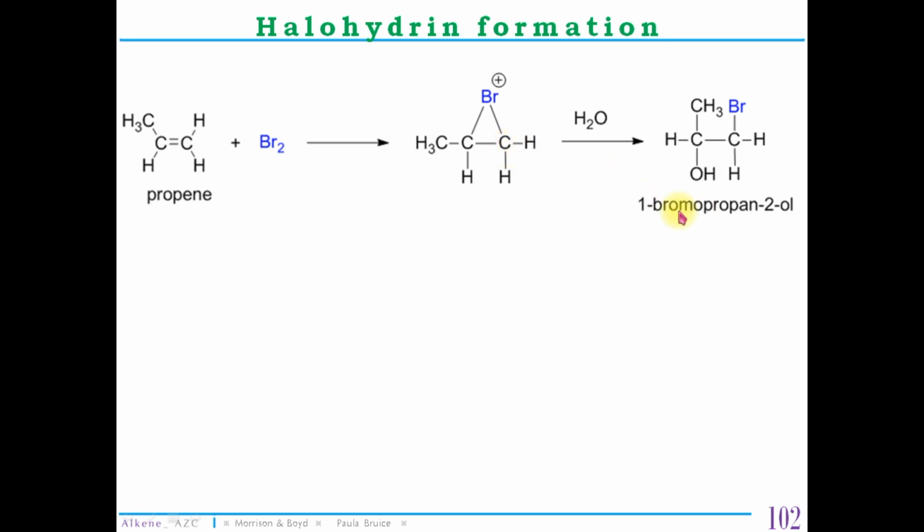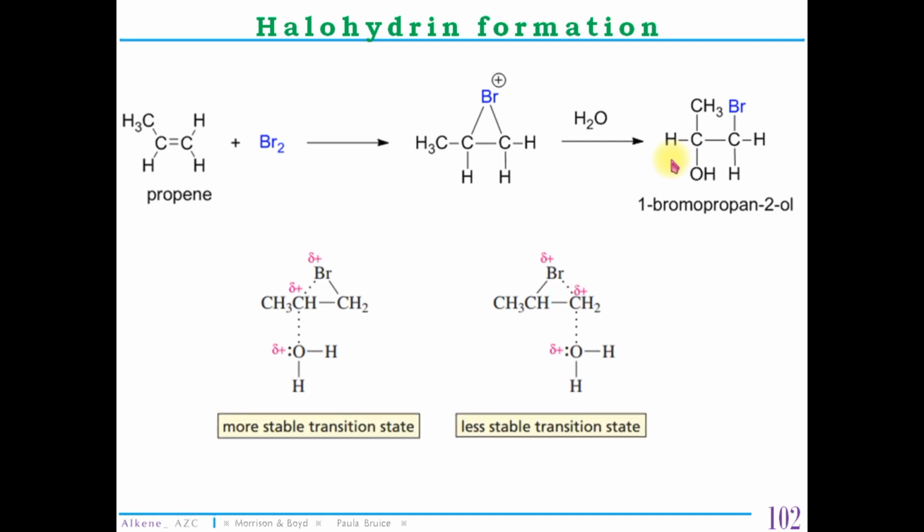But exclusively we get 1-bromopropan-2-ol, where the hydroxyl group is attached to carbon number 2. It is because of the stability of the transition state.